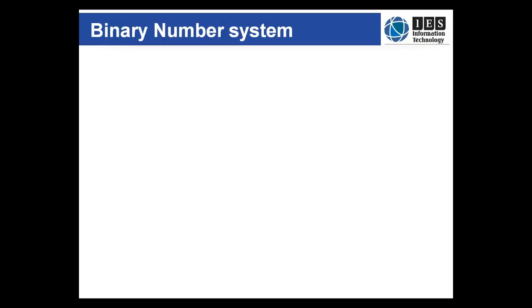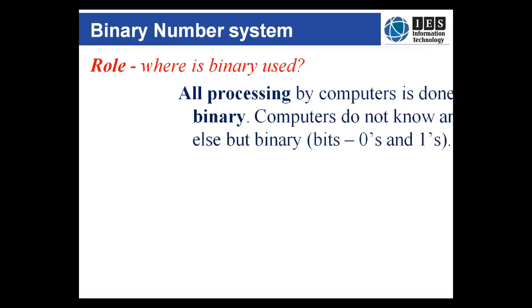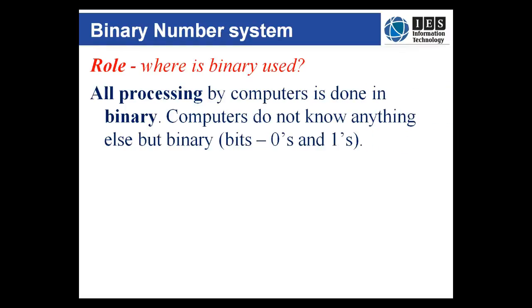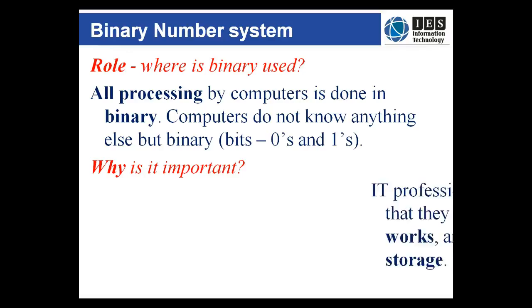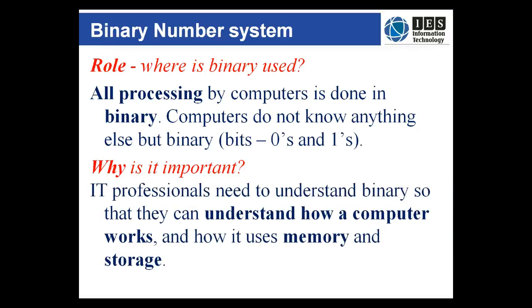By contrast, the binary number system is the computer's preferred number system. All processing and storing of data is done in binary. Computers know nothing but zeros and ones, on and off. It is important for information technology professionals and users to know that this is the case and therefore understand how the computer functions and stores data.